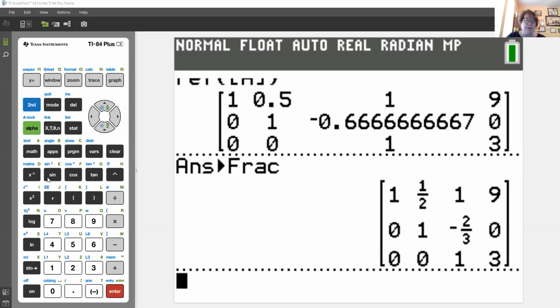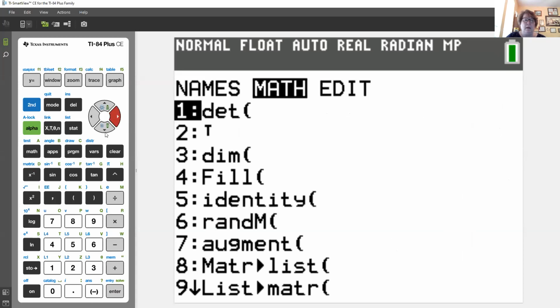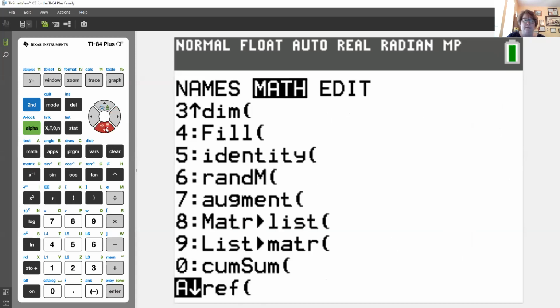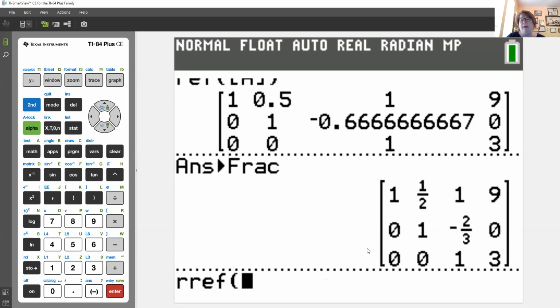So I'm going to go back to my matrix menu, second inverse. I'm going to go over to math and I'm going to go down till I find RREF, reduced row echelon form. Hit enter. Okay, now what matrix am I going to put in reduced row echelon form?